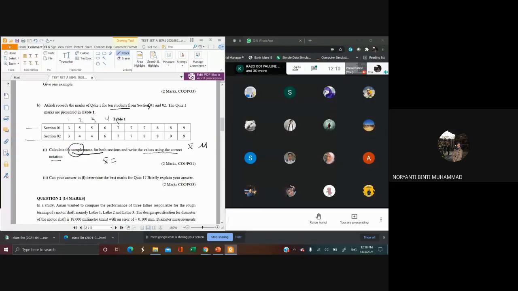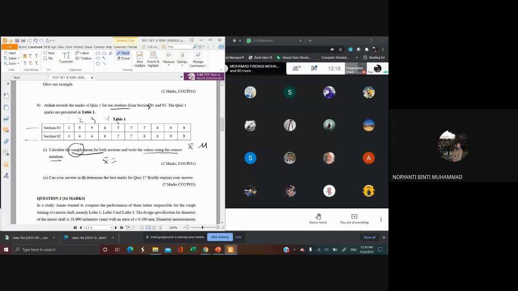And then how do you calculate? Using the calculator. So make sure now you know how to calculate X bar using the calculator and calculate standard deviation using the calculator. I will share the answer later in the group, the PDF.